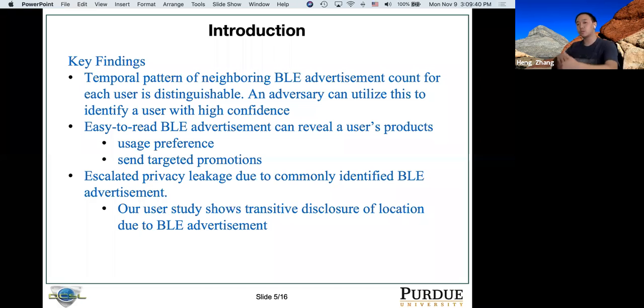Since in our user study we also collected their location, we are able to validate our hypothesis that although those users may not want to share their location, because they come across the same BLE advertisement, we can infer that they are pretty much close together. And suppose one of the users' location is compromised, then the rest will be compromised as well.